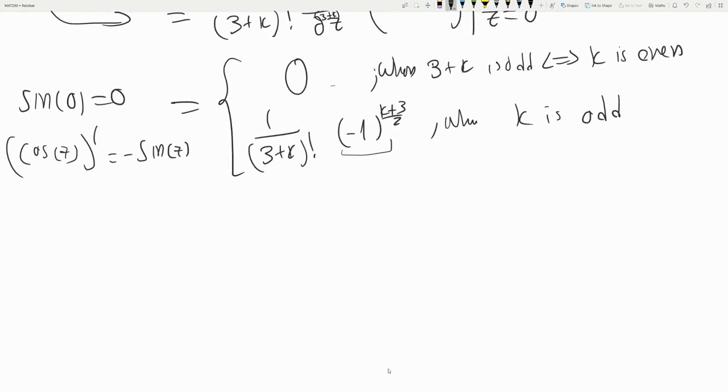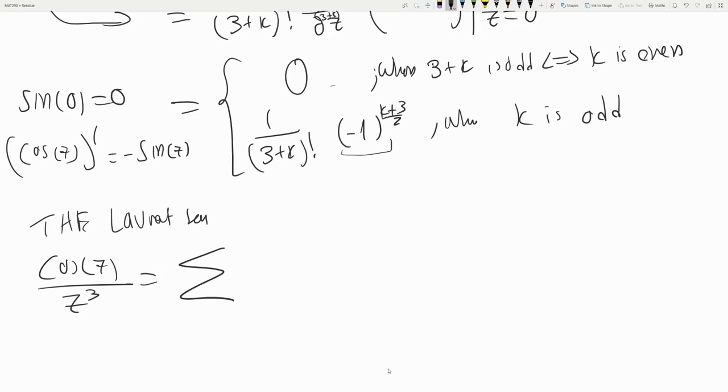Let me write down the series. The Laurent series is the following sum. k plus 3 has to be strictly positive, and k has to be, well, let's do one step at a time. Now, when k is even, you get 0.